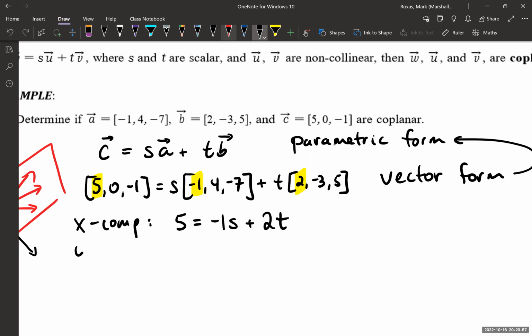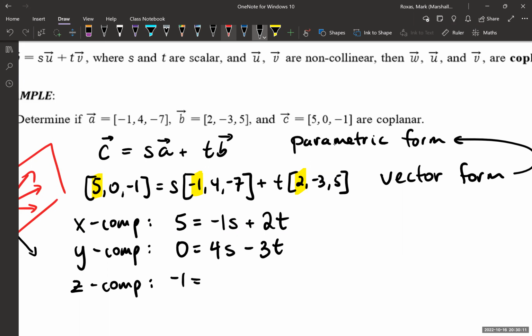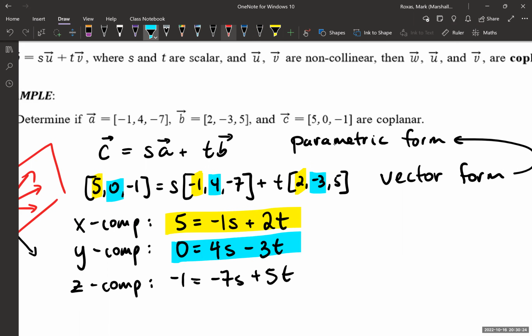For the y component, 0 equals 4s minus 3t. And for the z component, -1 equals -7s plus 5t. Let me highlight these. This is the x component, I'll do the y component in blue, and the remaining one is the z components.